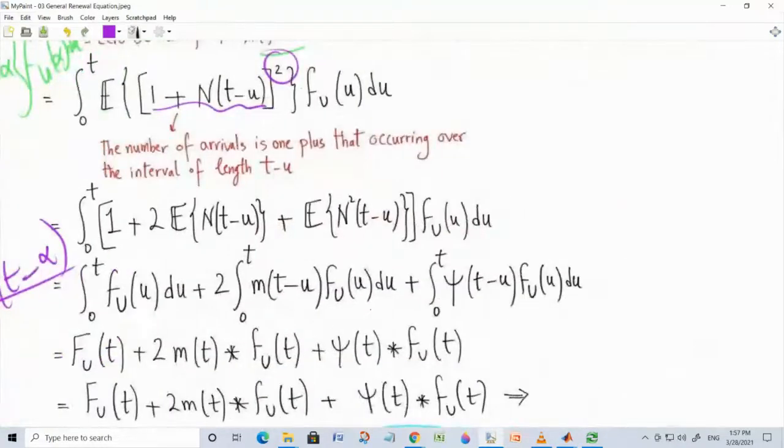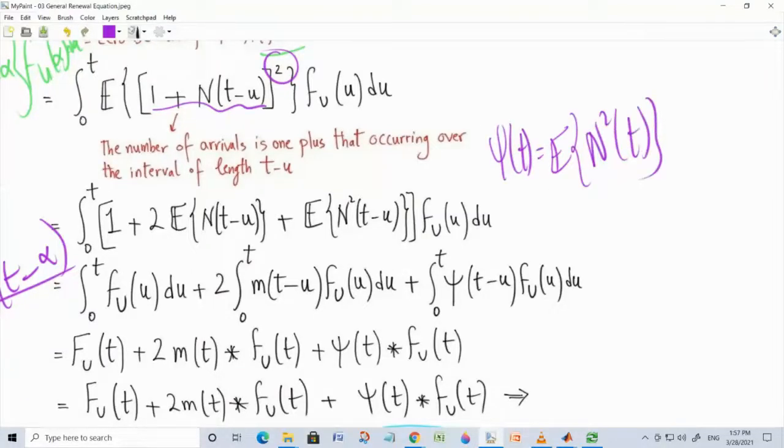We have the expectation. If psi of t is the second moment, we can write it as 3 terms. One of them is this guy, which is the CDF, and one of them is the convolution between M of t and the PDF of the inter-arrival. And then you will have this guy.